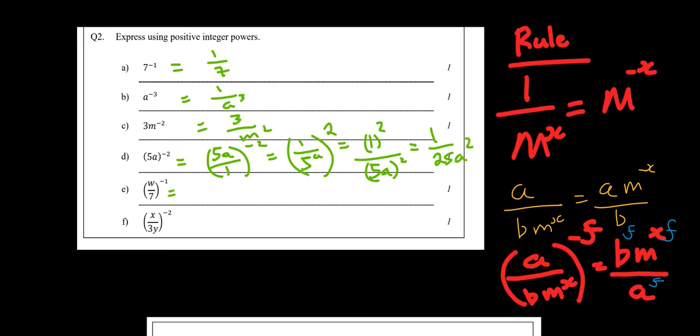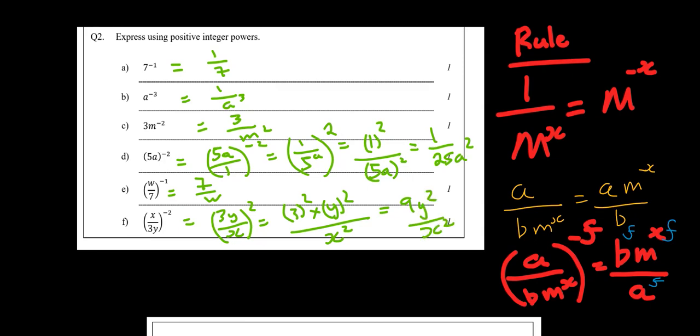So using that principle again, that is just 7 over w. Using that principle again, this is 3y over x squared. So we square the 3 and we square the y, and then we square the x to give 9y squared over x squared.